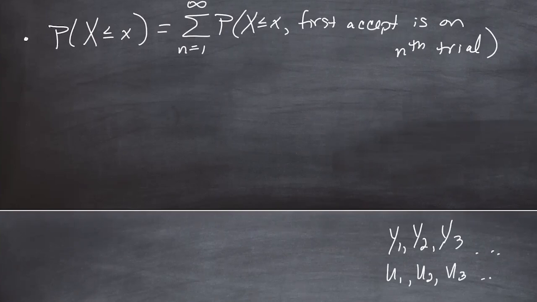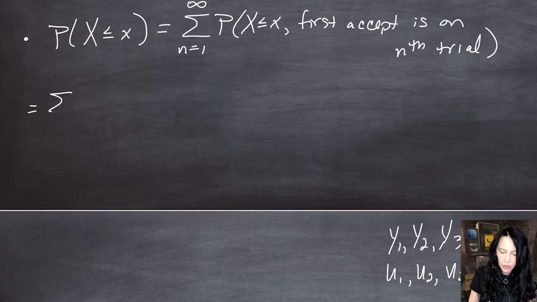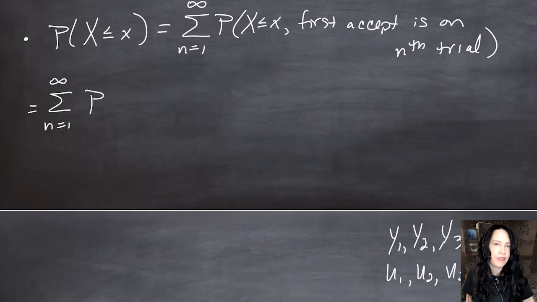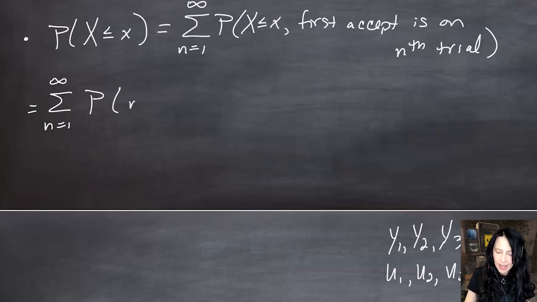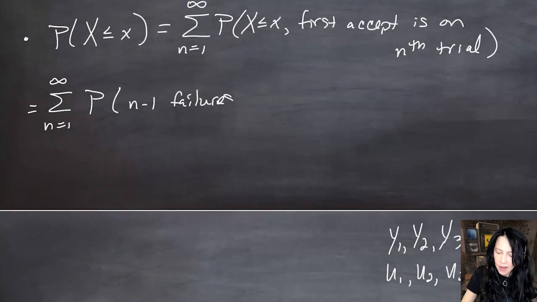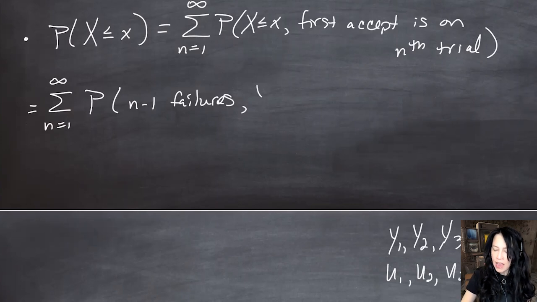And so the statement I wrote up here at the upper right, this is the sum as n goes from 1 to infinity of, so I have a bunch of failures and then the right thing happened. So I'm just going to write it like that. N minus 1 failures, comma, and intersection, the nth Y that I draw has to be less than or equal to x.